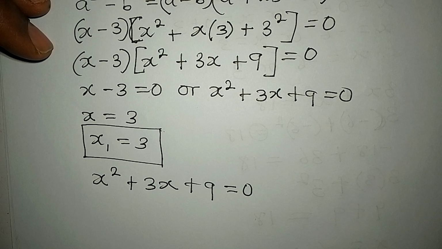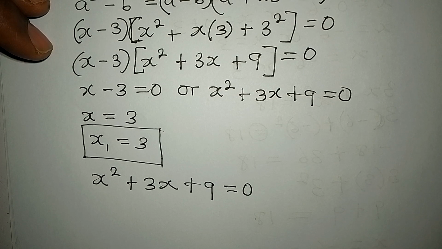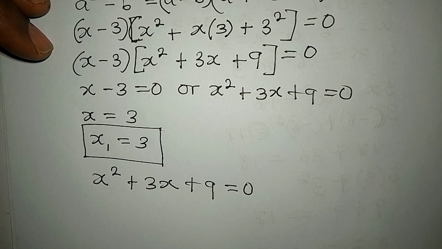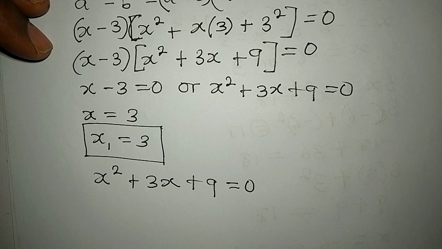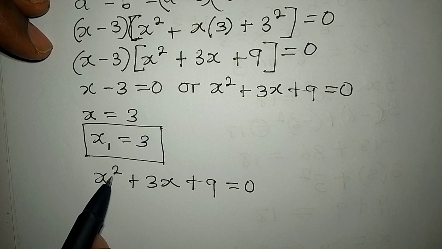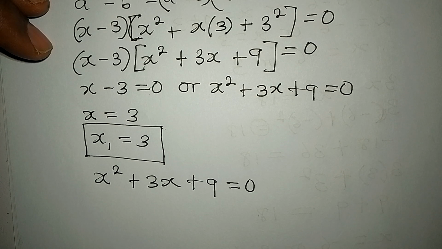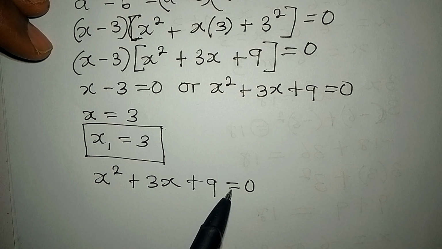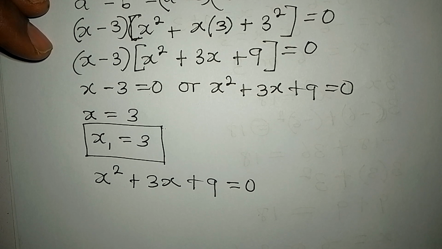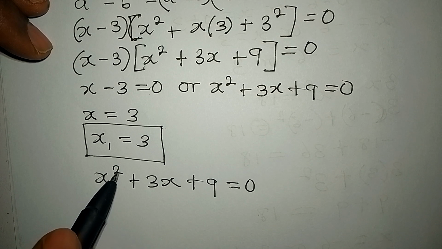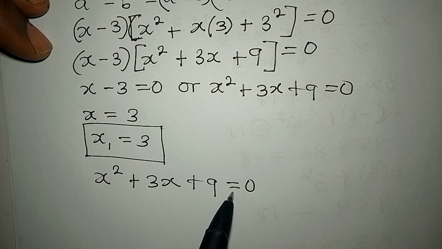Then the second condition that will make an equation to be quadratic is the presence of the power of 2. Once the highest power is 2, it can become a quadratic equation. And then there must be what? An equality sign. So what are the three things that will make a quadratic equation? The unknown, the power of 2, and the equality sign.